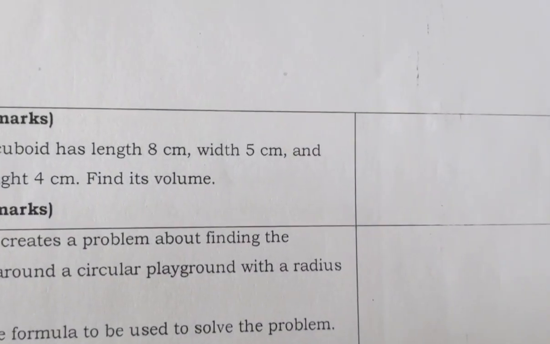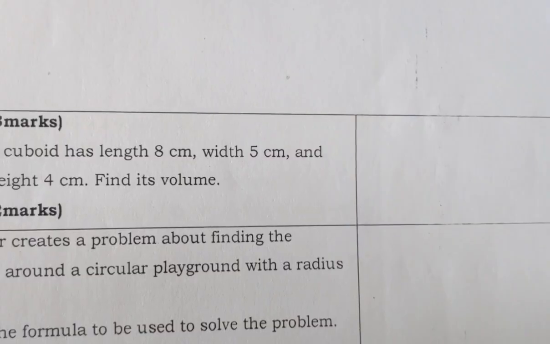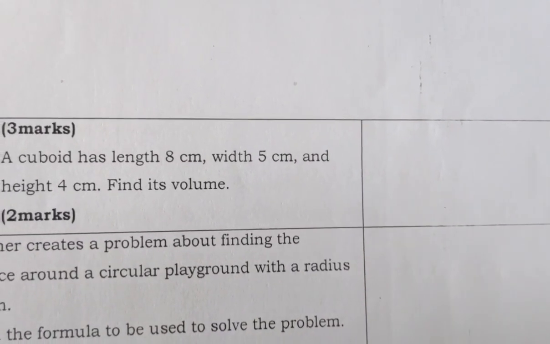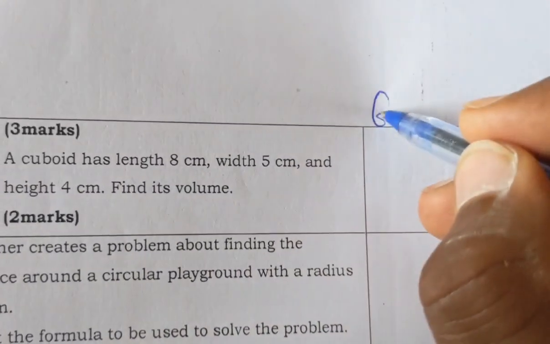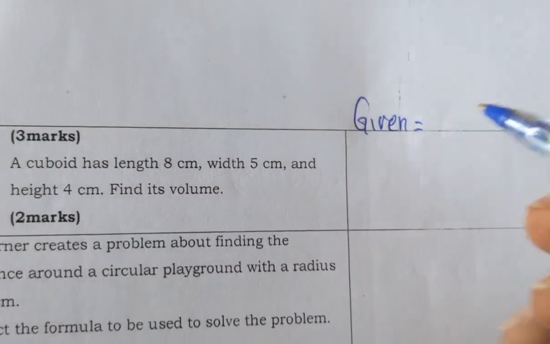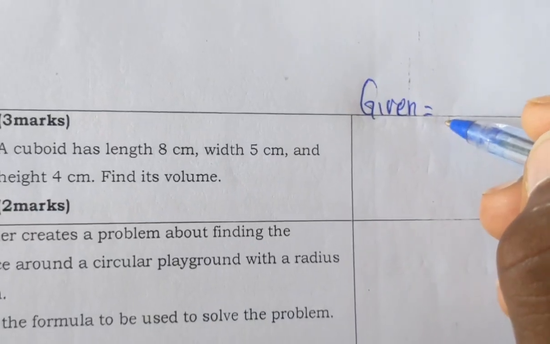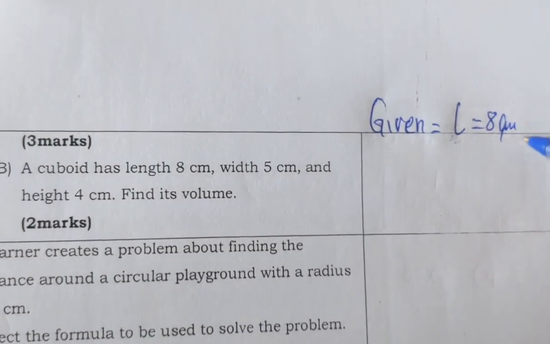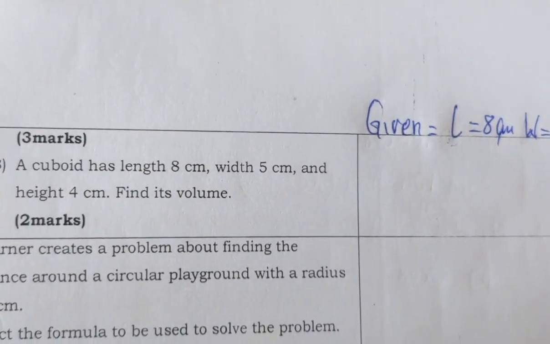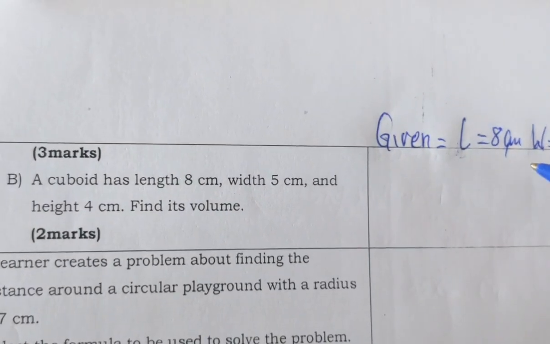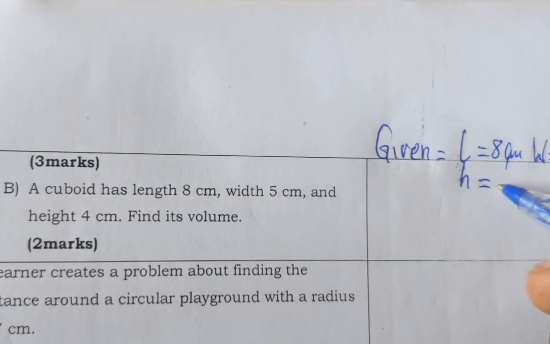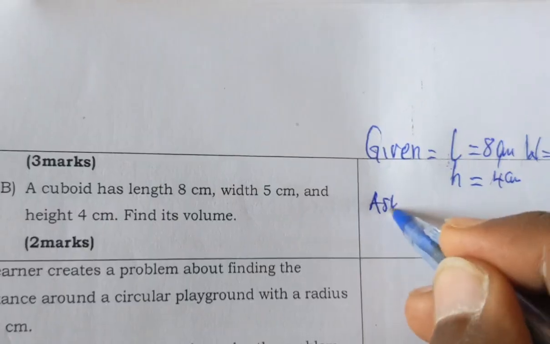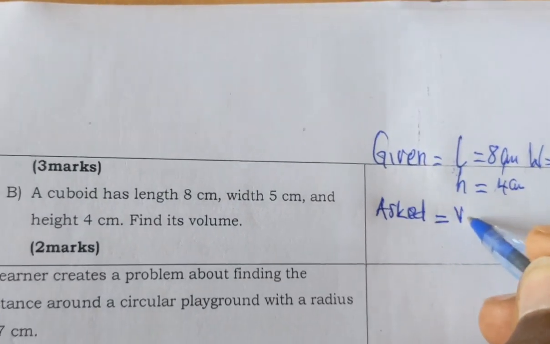Here they say the cube has a length of 8 cm, width of 5 cm, and a height of 4 cm. Find its volume. Here, first of all, you have to show given. They have given us a length which is equal to 8 cm, and then width which is equal to 5 cm, and a height of 4 cm. And they have asked us to calculate its volume.